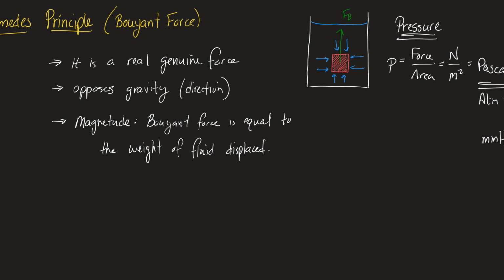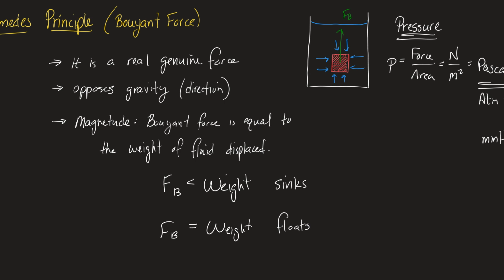So there is a pressure on all sides of the object, and that causes a buoyant force. Now, the object experiences other forces, and I think this is going to be obvious. If the buoyant force is less than the weight of the object, then the object sinks. If the buoyant force is equal to the weight of the object, then it floats.